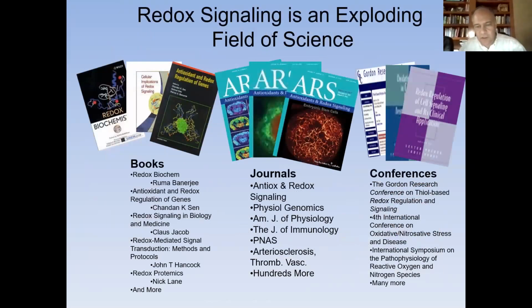Okay, so there are journals also and books being written on antioxidant and redox signaling, conferences held worldwide. So we're starting to see the field of redox signaling grow, and as we do, the knowledge that we have and that we can act upon becomes broader and broader throughout the world.